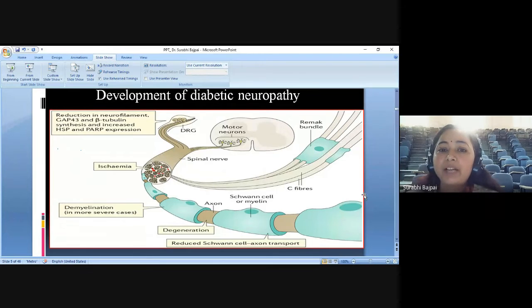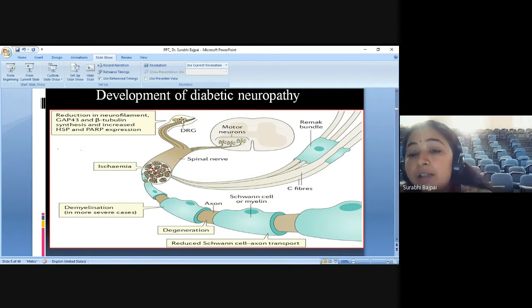So the development of diabetic neuropathy takes place through very complex pathways, which result in a reduction in the DRG, the dorsal root ganglions. Ischemia and other complications resulting from hyperglycemia cause complications in the sensory neurons, which we can see on the screens, particularly the DRG region, and also the motor neurons.